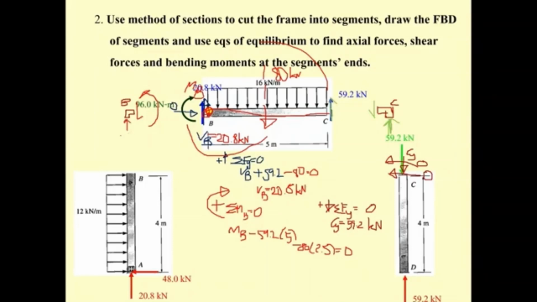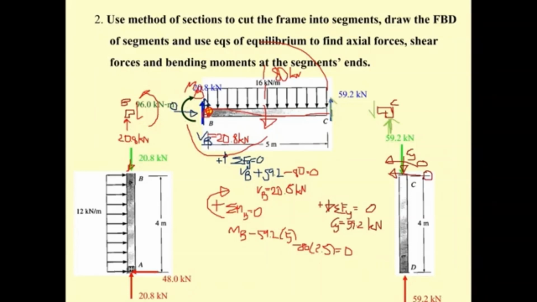This one is going to be 20.8 kilonewton, transferring from this blue to this red, and is applied vertically here, so it is going to be downward.